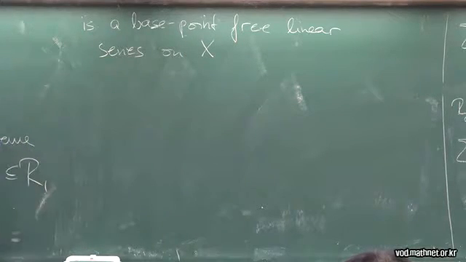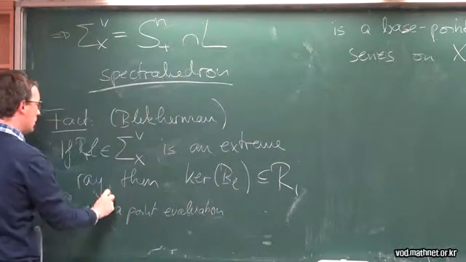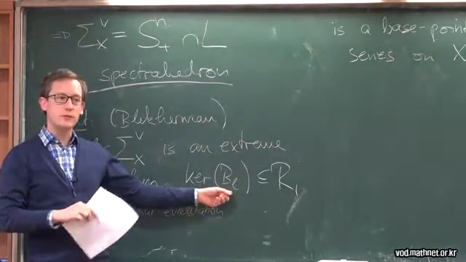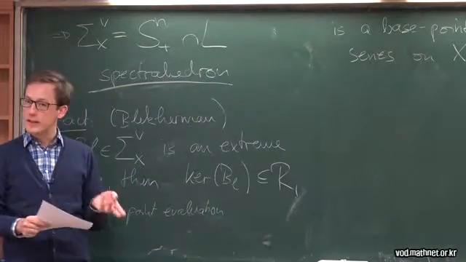Okay, I forgot an assumption, so this better not be a point evaluation. If it is a point evaluation, then this is just the set of all linear forms that are zero at that point. So they are certainly not base point free, right?